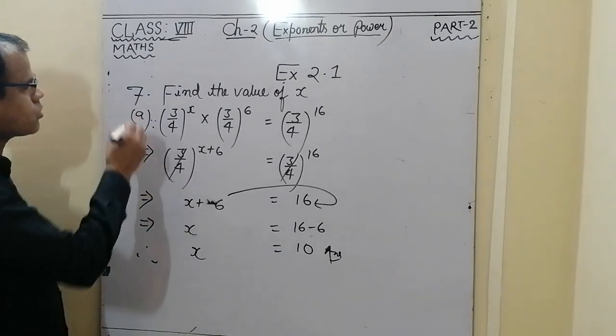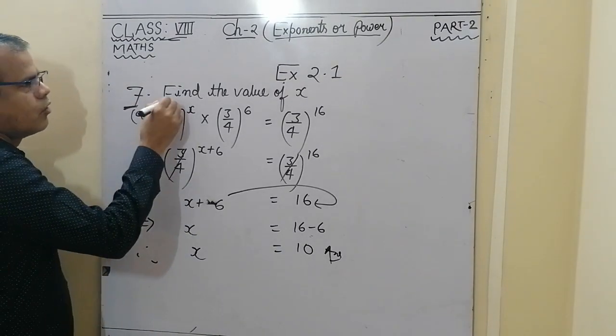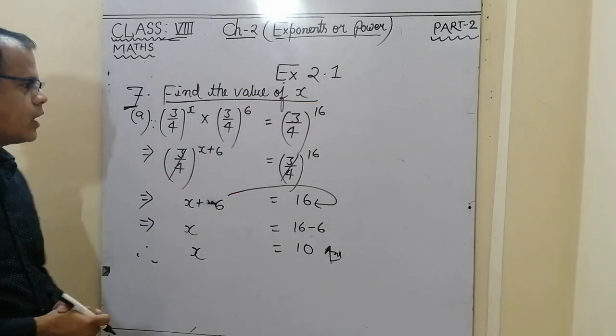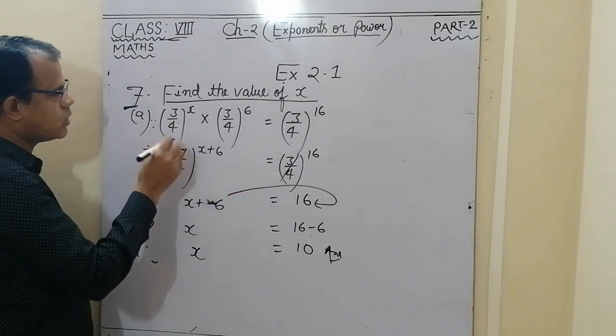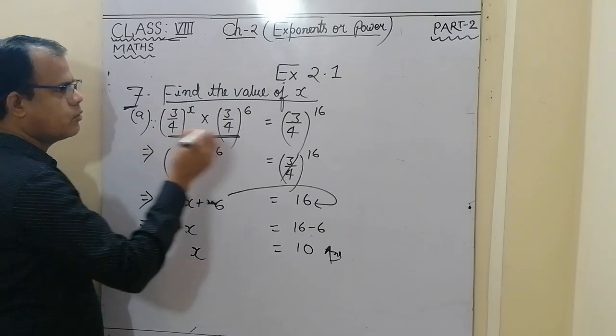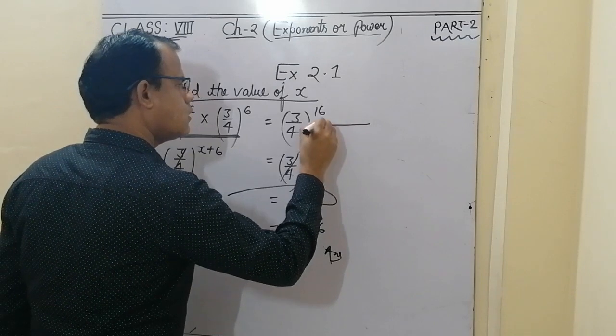Yes student, next question, question number 7. Find the value of x. We have to find the value of x. This is the question. So look here, the bases are same and powers are different, so we apply the identity here.